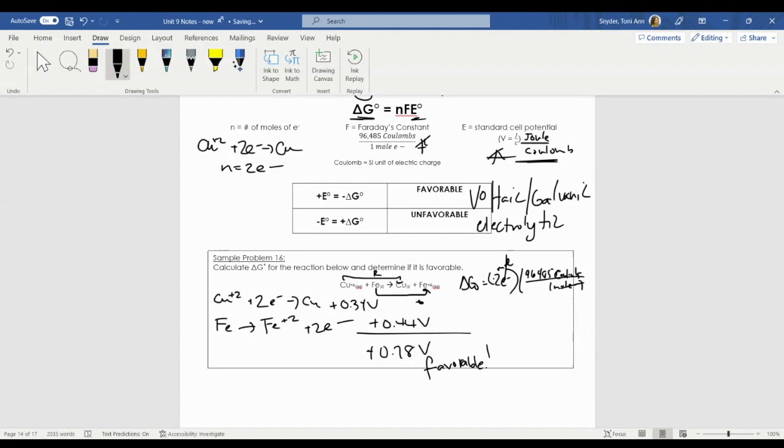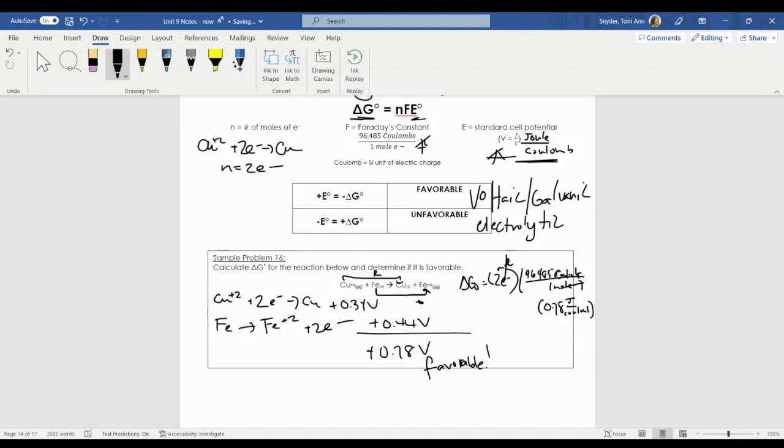And then if I plug in my cell potential, I don't have a lot of room here, so I'm going to continue down below. My cell potential is 0.78 volts. But remember, volts technically has units of joules per coulomb. This is going to help us because Gibbs free energy, we've already established, tends to come in units of joules or kilojoules.